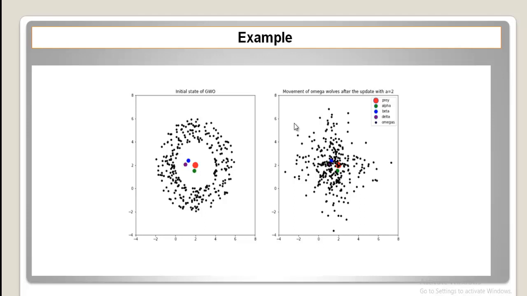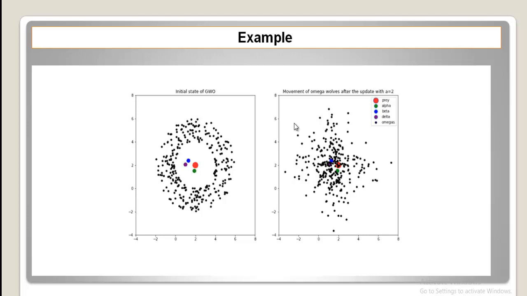Notice how the distribution of all of the agents has changed from the initial state. They have spread out, exploring different regions of the search space, avoiding convergence too early in the process.